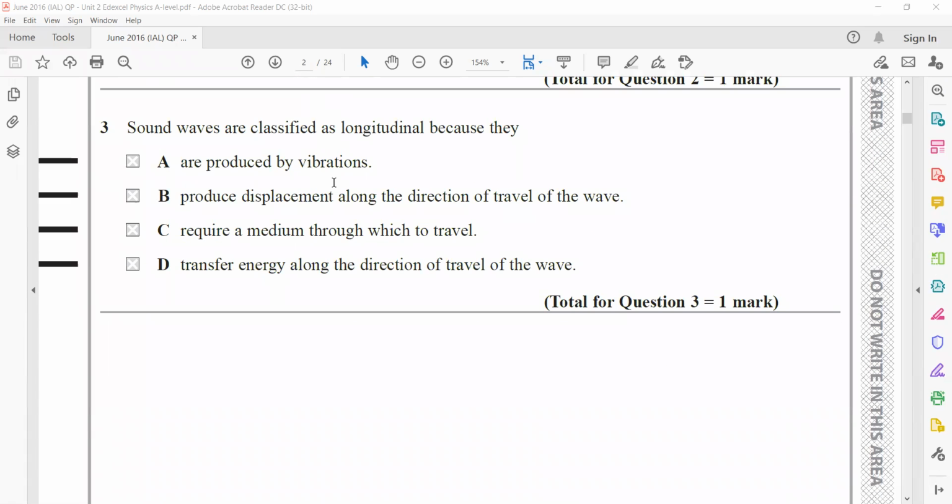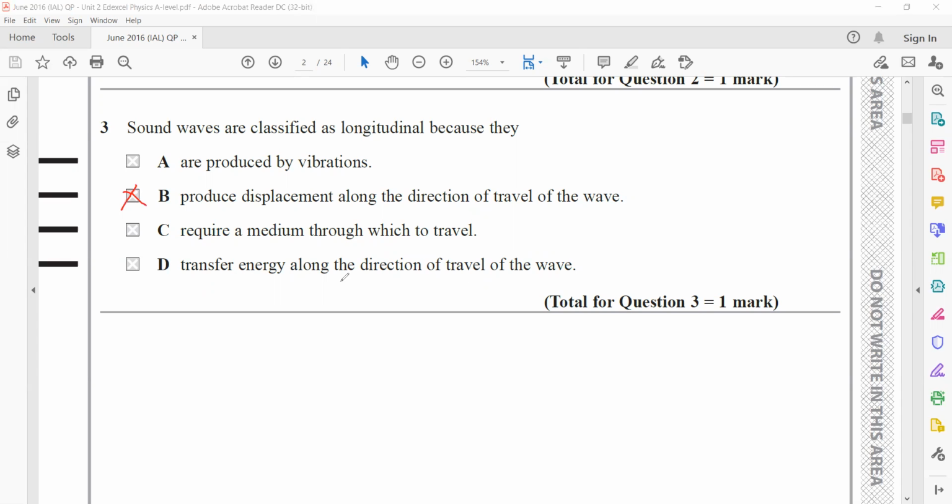Sound waves are classified as longitudinal waves. So why do we call sound waves longitudinal waves? They are produced by vibration that produces displacement along the direction of travel. The difference between longitudinal and transverse is that for transverse the displacement is perpendicular to the direction of travel of the wave, but in longitudinal the displacement is parallel to the direction of energy transfer or travel of the wave. It requires a medium, so it is mechanical.